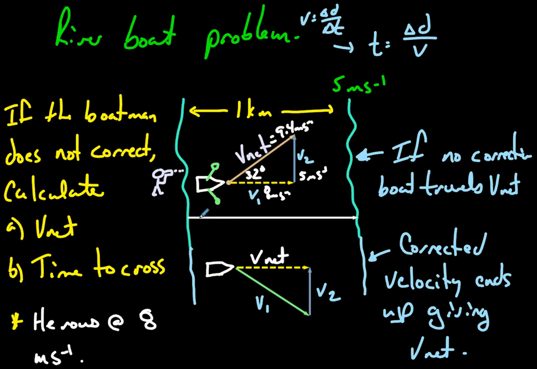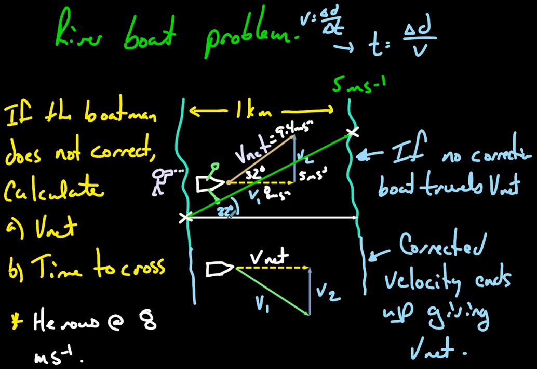The other way to look at it is to say, well, from the observer's point of view, I'm starting here and I'm ending up over here. And from his point of view, that is going to make that 32-degree angle we're talking about. So the displacement is along this angle.